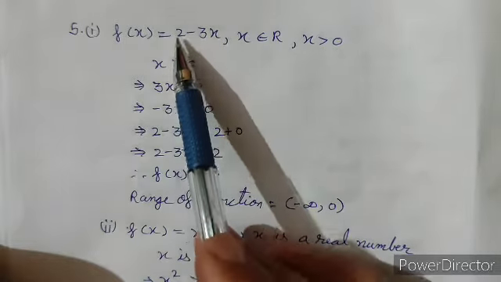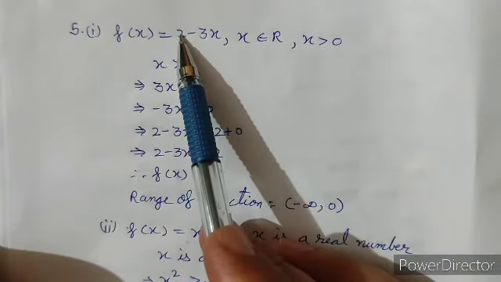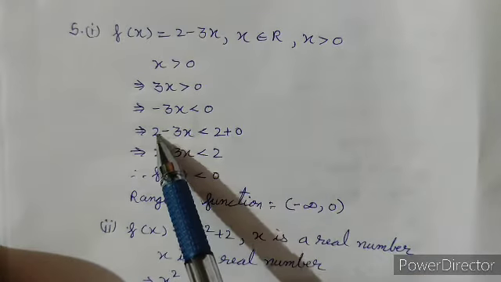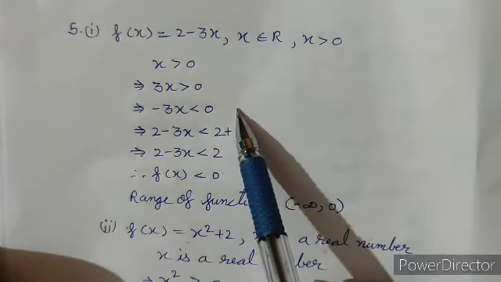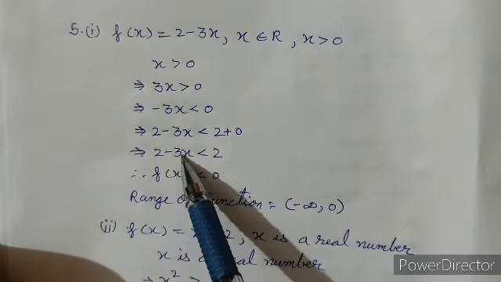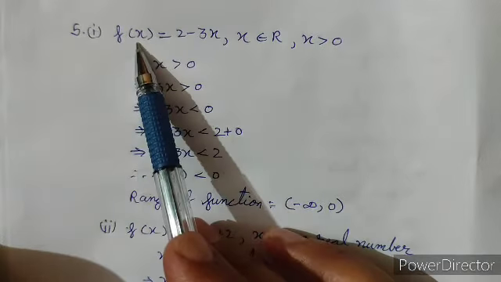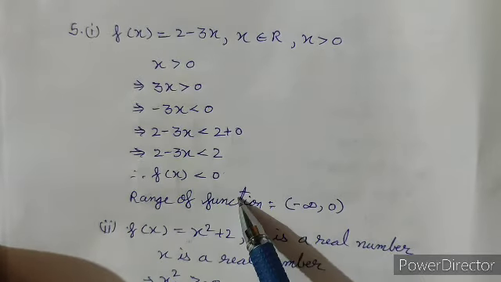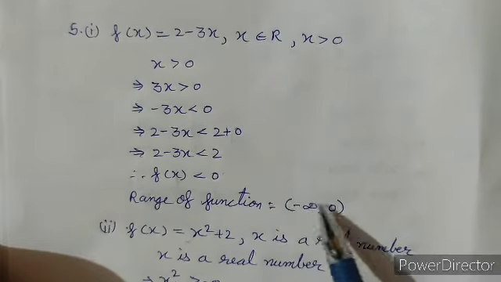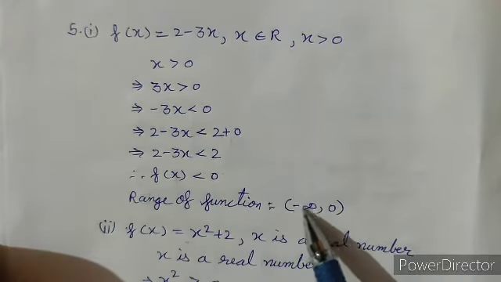Now here, on adding 2 to both sides, as we need 2 minus 3x, 2 minus 3x will be less than 2 plus 0. And that means 2 minus 3x will be less than 2. And that is the value of fx. That means fx will be less than 2. So we can say that the range of the function is from minus infinity to 2.